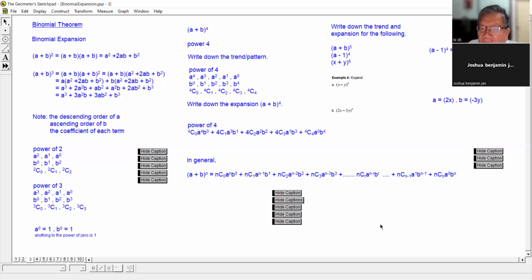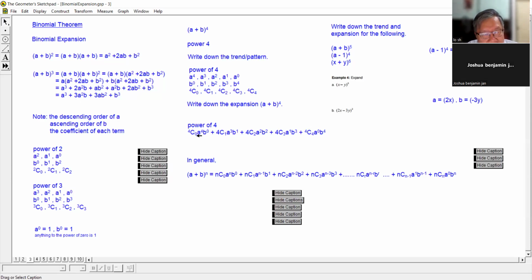Okay. So, if you look at the expansion, the pattern is like this. The first term is 0. Let's say if it is to the power of 4, then you put 4 here, then this is 0.